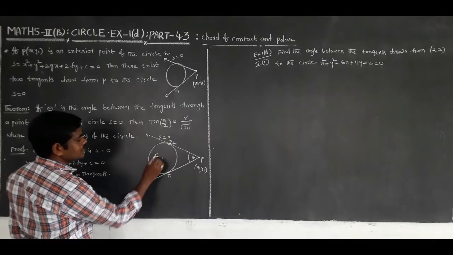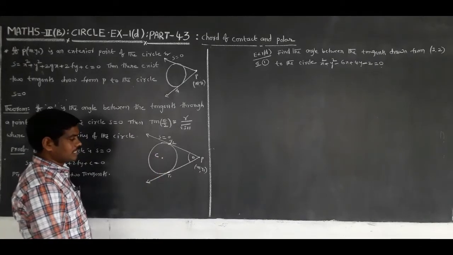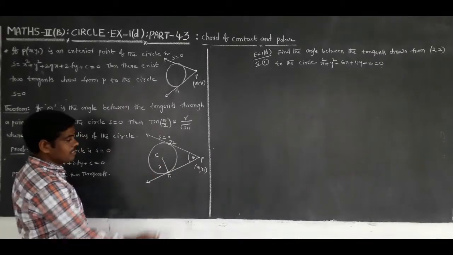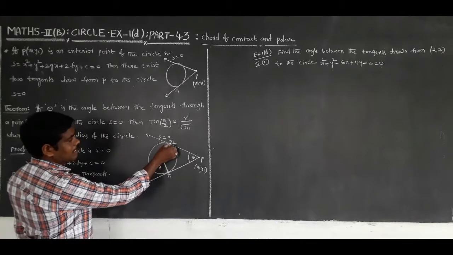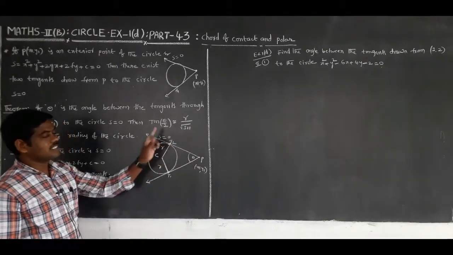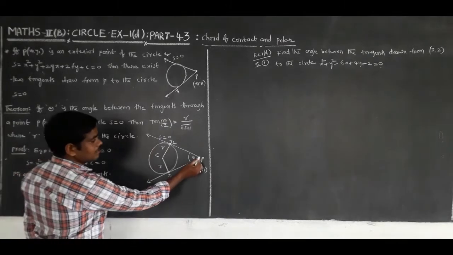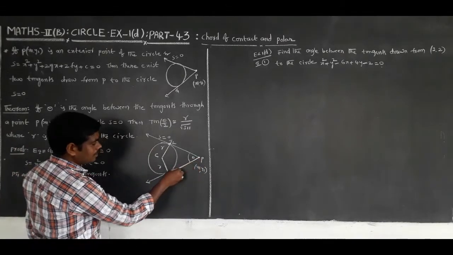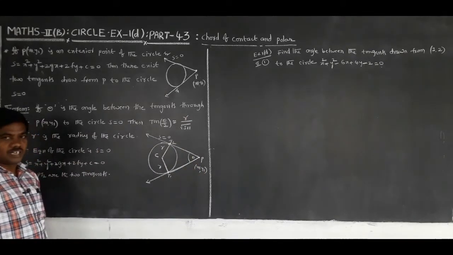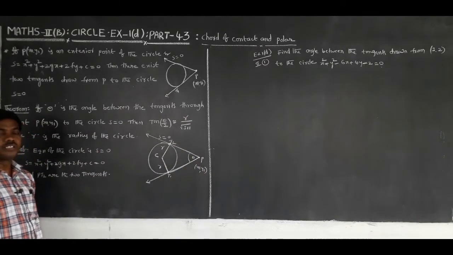Here C is the center of the circle, and r is the radius of the circle. Here PT1 and PT2 are the lengths of the tangents drawn from P to the circle S equal to 0.